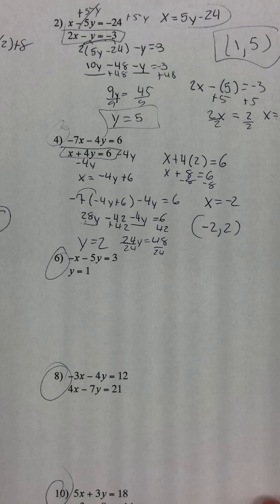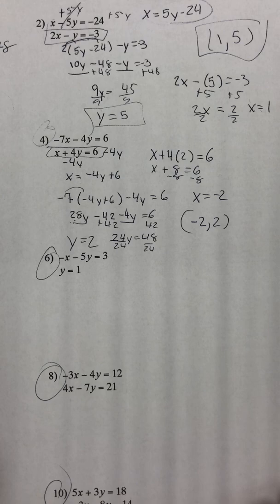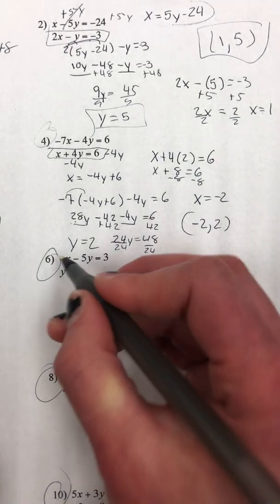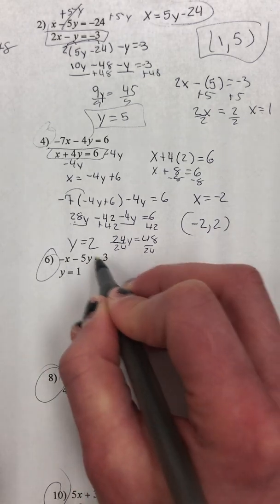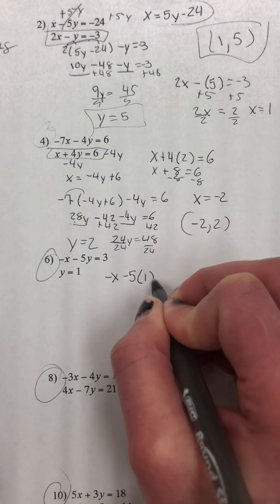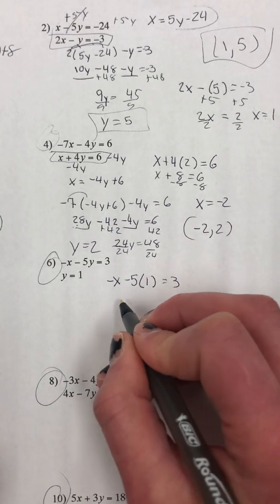Looking at number 6. Well, we already have it solved for y. So we know y is going to equal 1. We just need to figure out what x equals. So what we're going to do is plug in 1 for our y value in our other equation. Well, negative 5 times 1 is negative 5.